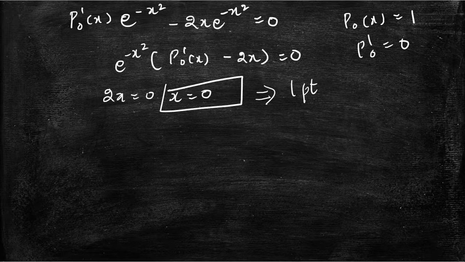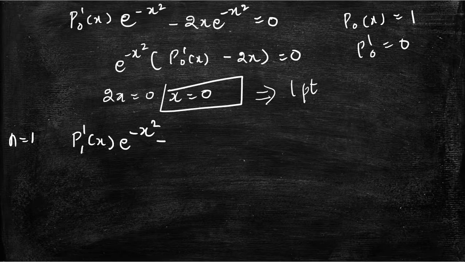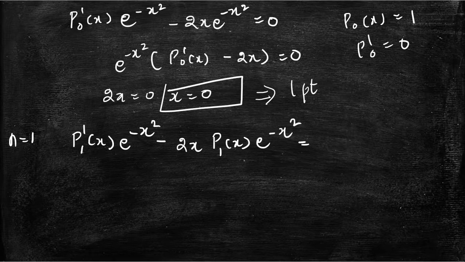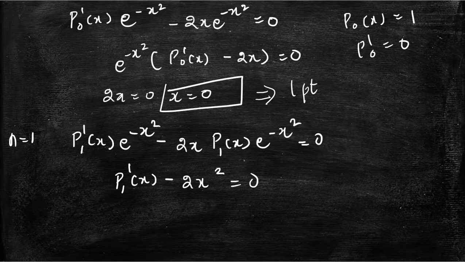Okay, so now we'll have to find for n equal to 1. Because P1 of x is x, so 2x into x will give you x square, and I know that P1 prime of x will be 1, because P1 of x is equal to x.